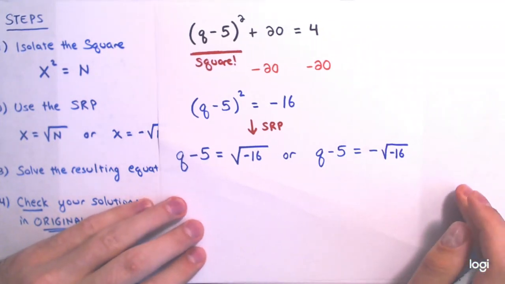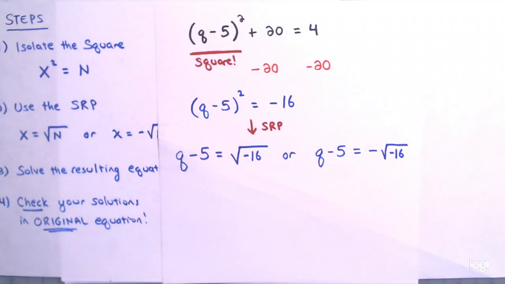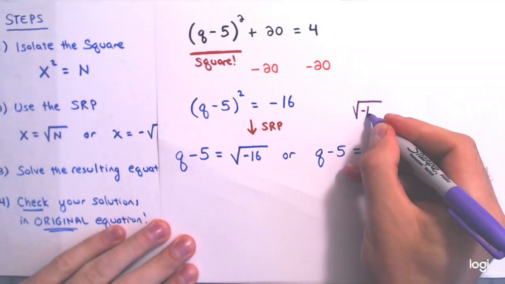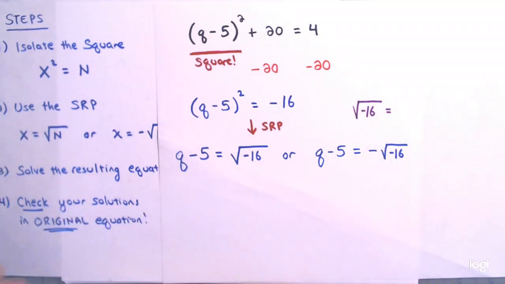All right. And then, as I've mentioned several times now, whenever you see the square root of a negative number, which I am seeing here, you should automatically, instantly rewrite that as a pure imaginary number, right? A number with i attached to it.